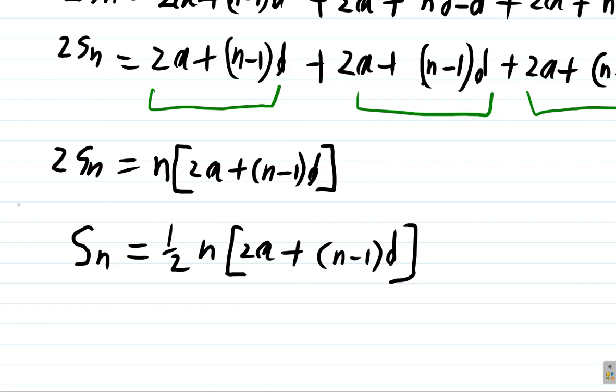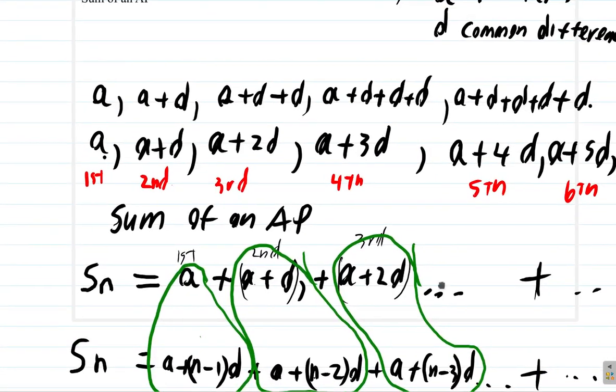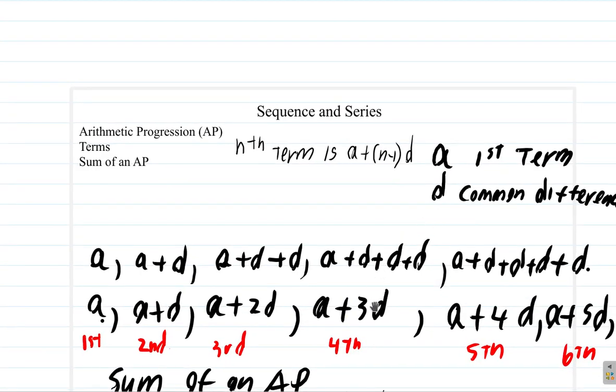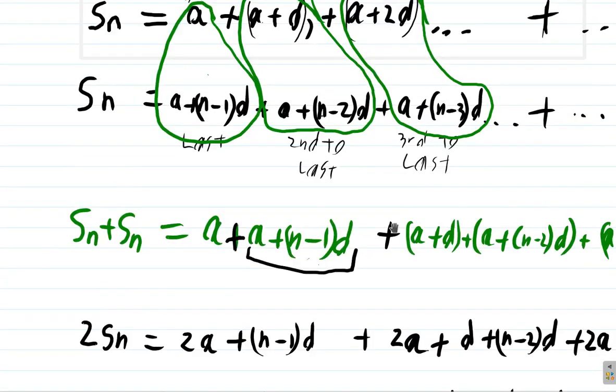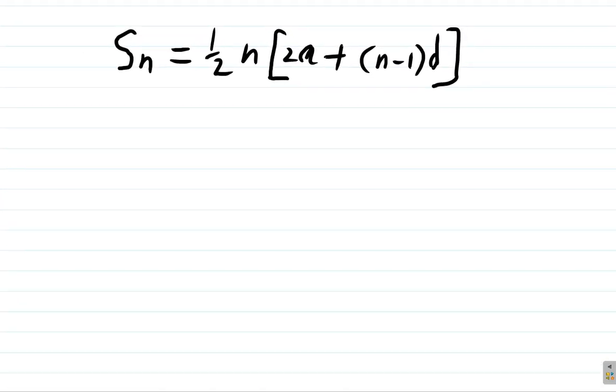All right? So there we have it. We have 2 things that we looked at in this video and the previous video. We looked at the fact that the nth term is a plus n minus 1 d. Let's rewrite them.